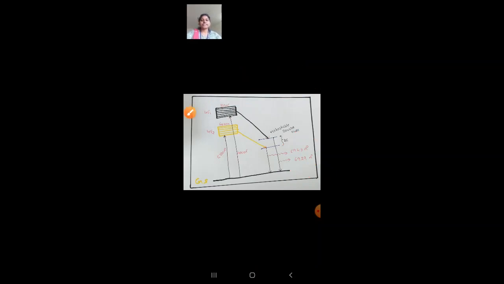But here one disadvantage is also there. What is the disadvantage of the ruby laser? In the active medium, the chromium ions collide with other particles, so they gain energy and collide.